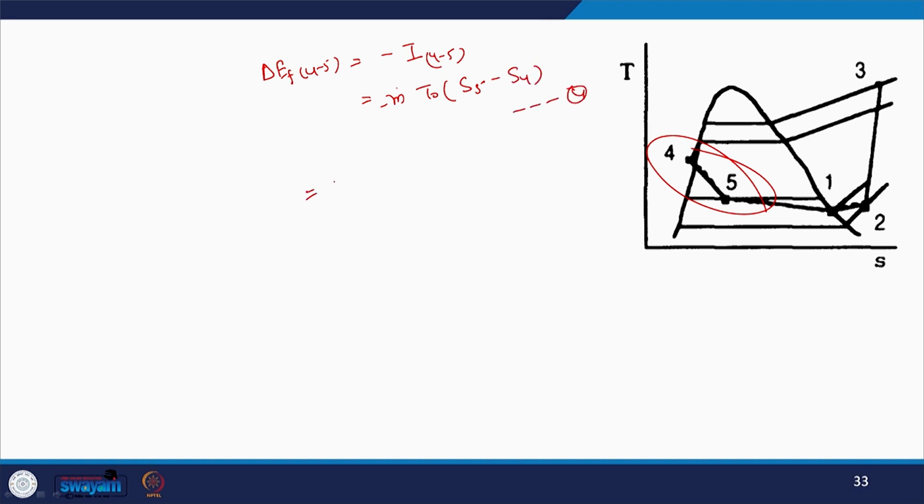Substituting the values, it comes out to be 0.1 into (25 plus 273.15) into (0.2867 minus 0.2718), and delta EF 4 to 5 is equal to minus 0.444 watt.